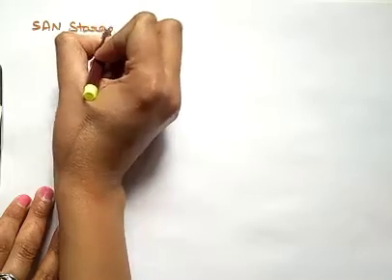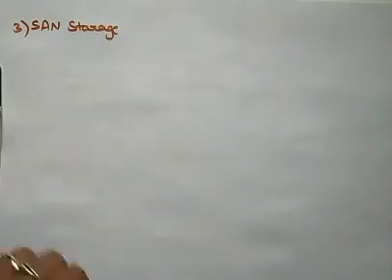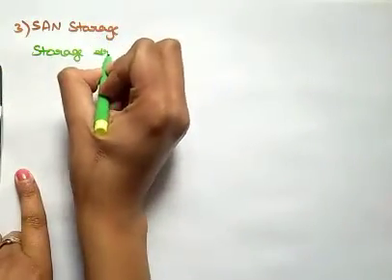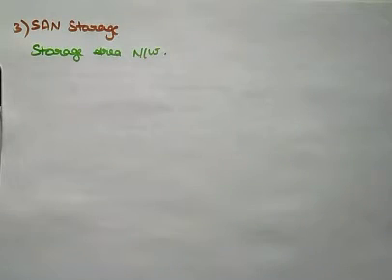Now the third class we have is SAN storage. SAN stands for storage area network, and it is used to store a very large amount of data in the data centers.